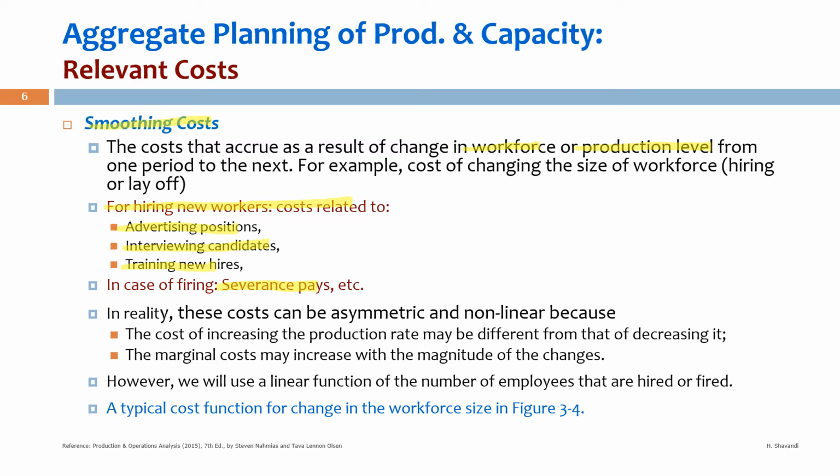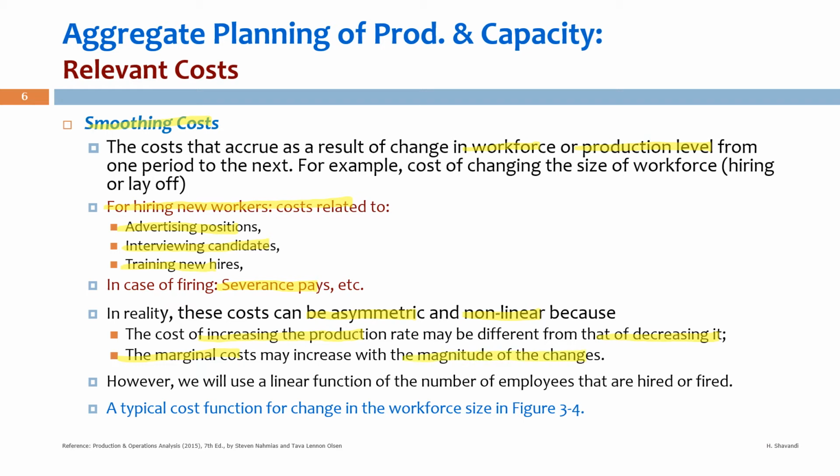In the real world, the cost of increasing the workforce and decreasing the workforce, or increasing the production level and decreasing the production level, is not symmetric. It's asymmetric and non-linear. The cost of increasing the production rate is different from the cost of decreasing it, and the marginal costs may increase with the magnitude of the changes, so it's not linear.